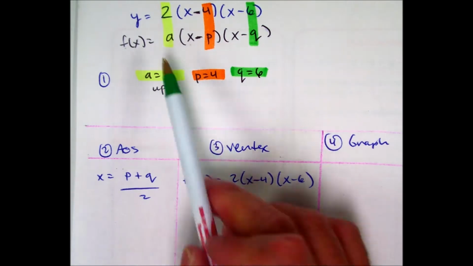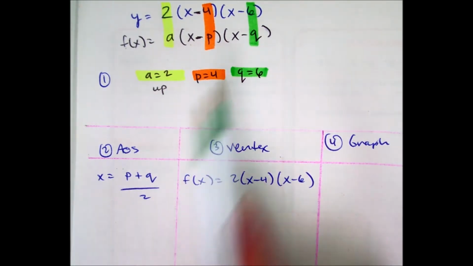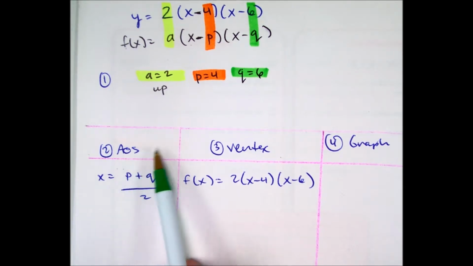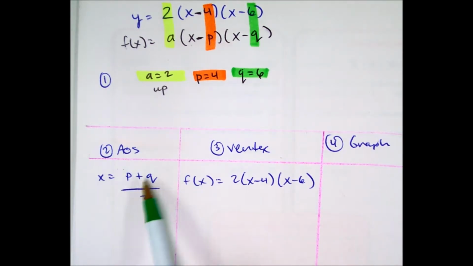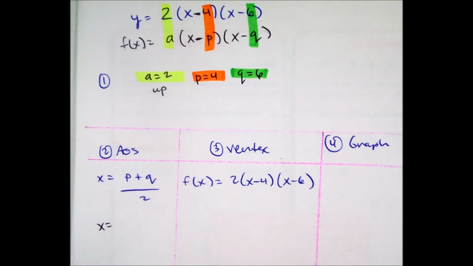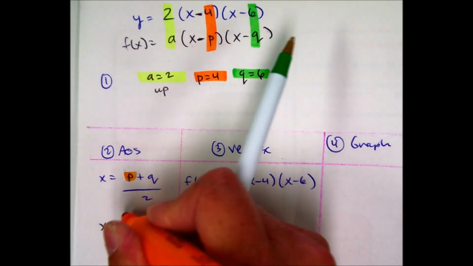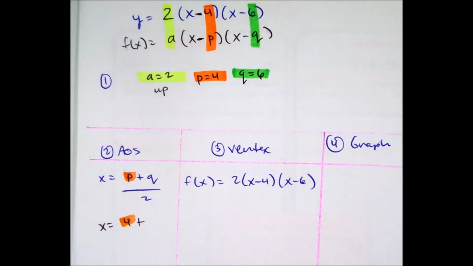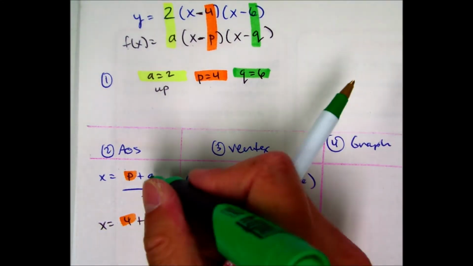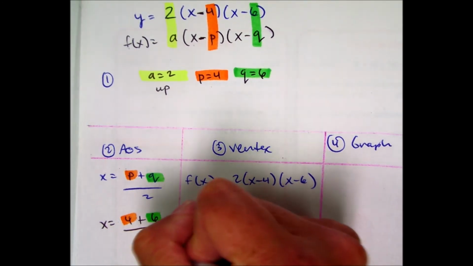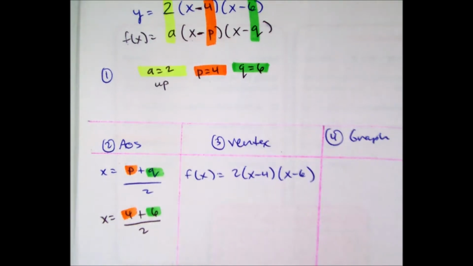Alright, so all I did was write the form below it and find my A, P, and Q. And now I'm going to find the axis of symmetry. To find the axis of symmetry, it has an equation, x equals (P plus Q) divided by 2. Essentially, you're finding the midpoint. So my P value is 4, and my Q value is 6, and I'm just going to divide that.